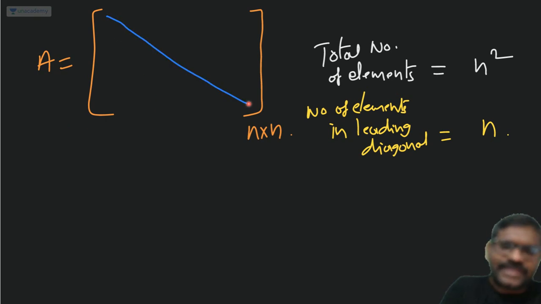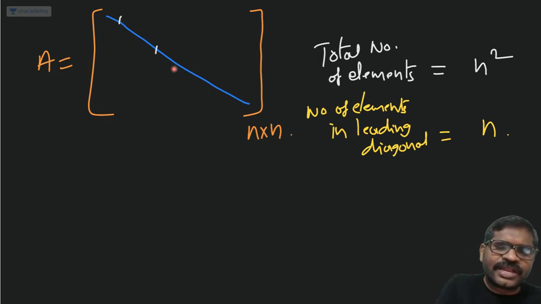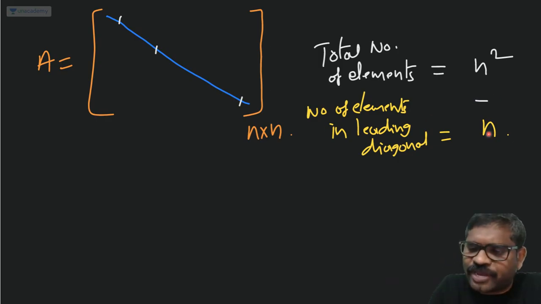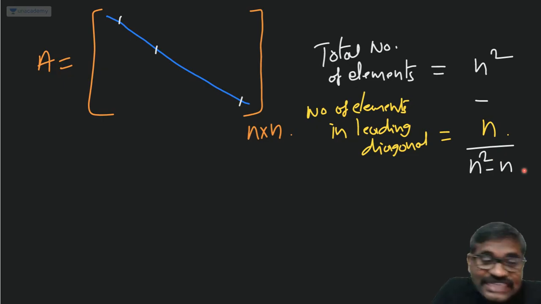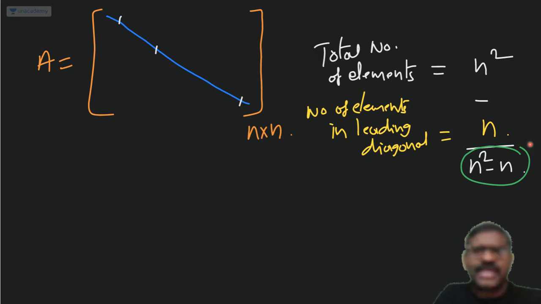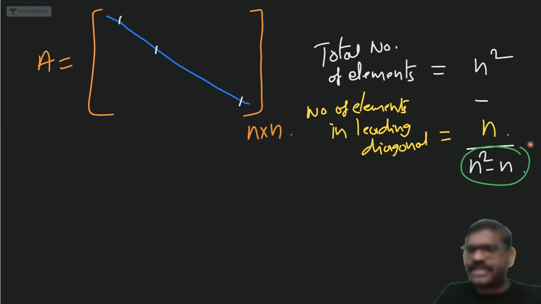That's why. Total n square entries. In the leading diagonal, you have n entries. Subtract. If you subtract, n square minus n entries will come. So these n square minus n entries are above the leading diagonal and below the leading diagonal.